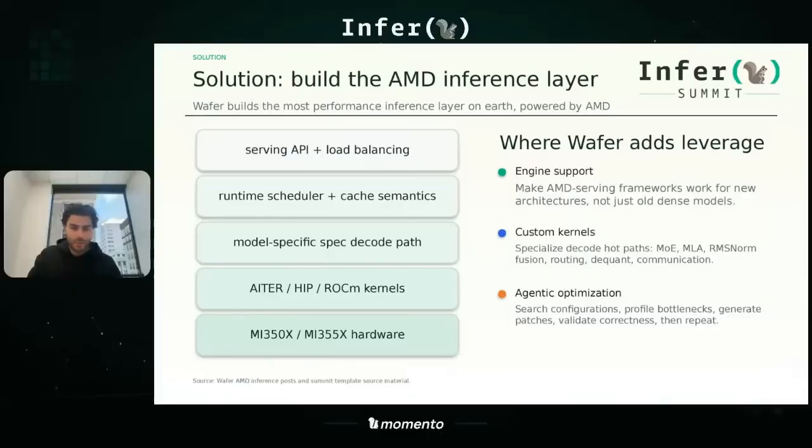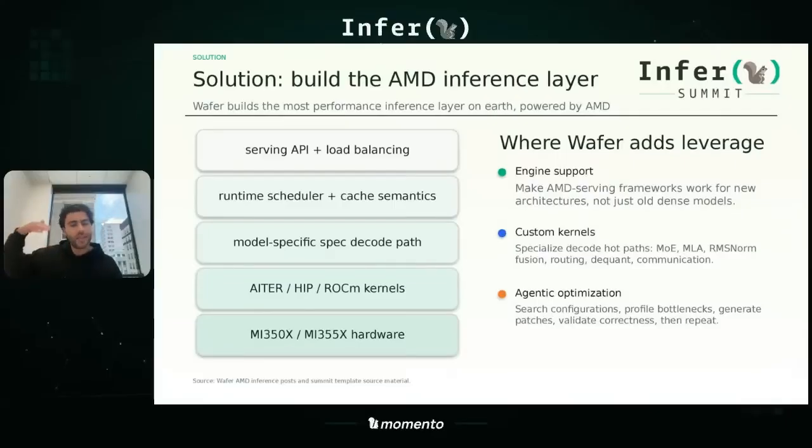Aiter, mentioned over here, is a good equivalent to something like CUTLASS or more like cuDNN. It's abstractions that give you easier ways to define common operations in kernels that are used for LLMs, for MoE, etc. And then ROCm is the runtime. The analogy in the NVIDIA world would also be CUDA, but CUDA is used both as a language definition and as a runtime definition.